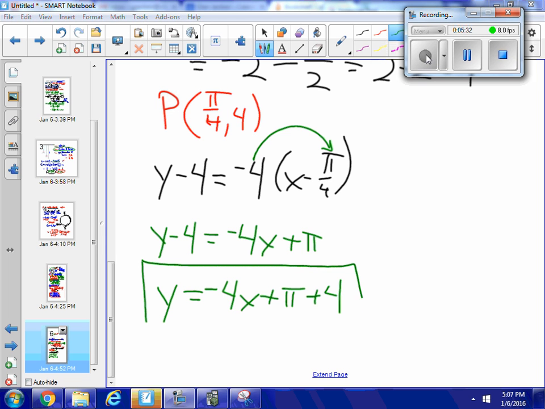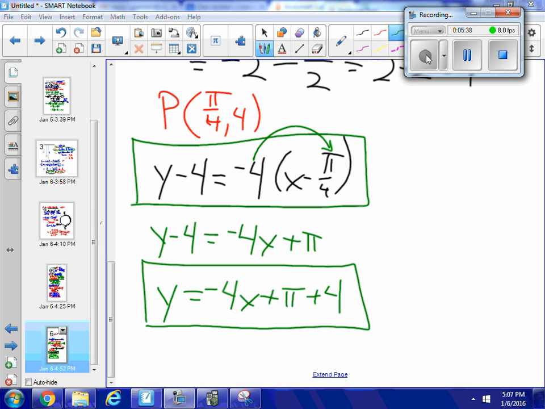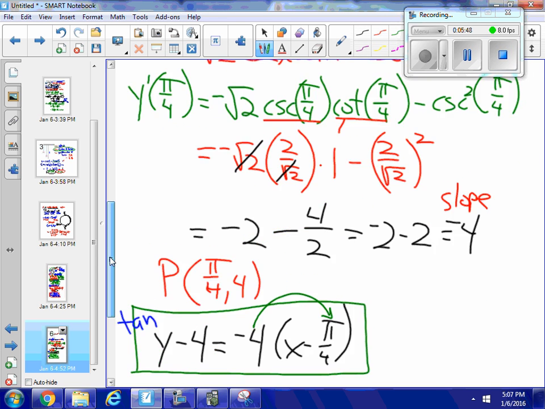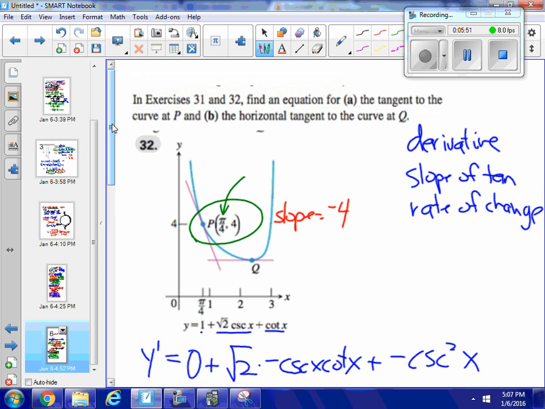So that's a perfect answer in slope-intercept form. This is a perfect answer in point-slope form, no problem. So that is the equation of the tangent line, which was what was asked for in A.